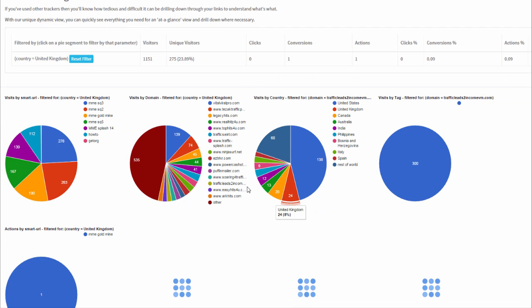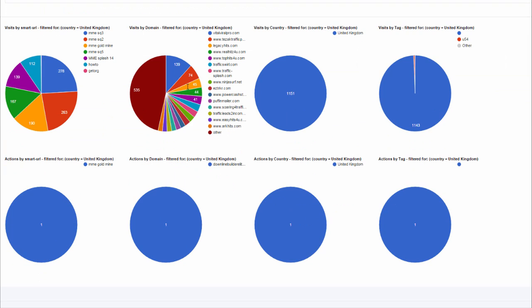So for example, we can see that we've had a spread from a lot of traffic sources from the United Kingdom. It's spread sort of equally-ish around our SmartURLs. And these complete circles with a 1 in the middle show that the UK happens to have created just one action.